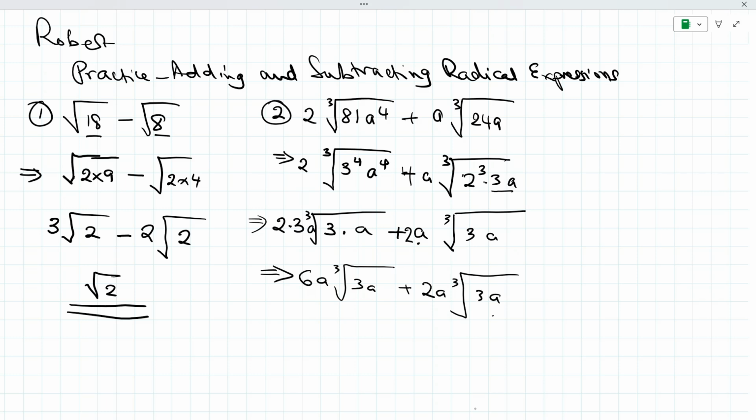So we have 6a cube root of 3a plus 2a cube root of 3a, which will give us a total of 8a cube root of 3a. And that turns out to be our final answer.